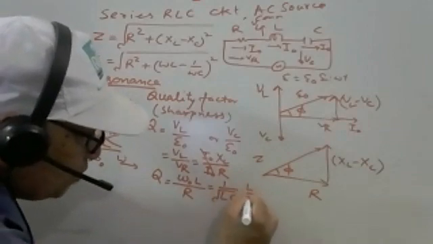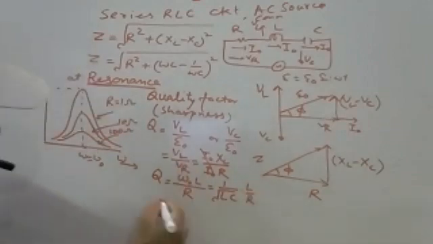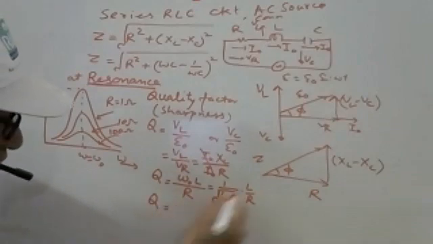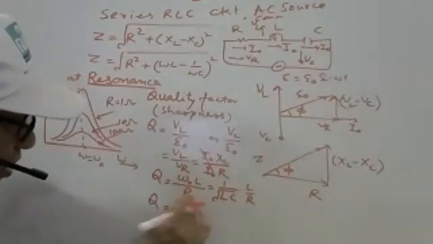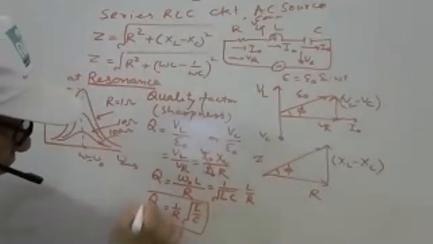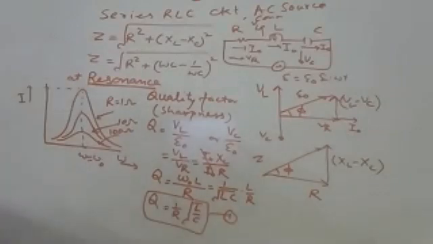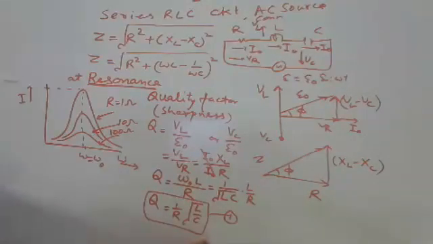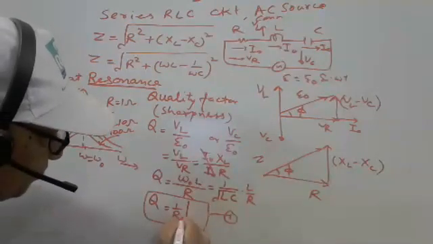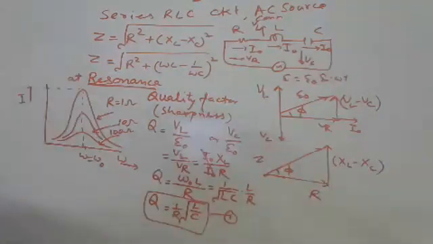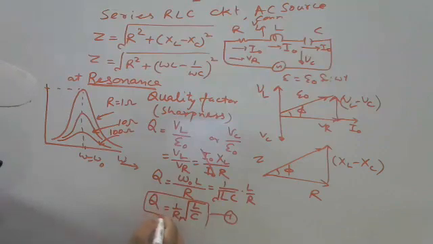This is over R. So the quality factor final formula: L cancels out, giving 1 by R under root L by C. This is the final formula for quality factor.